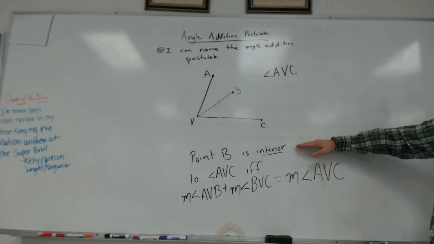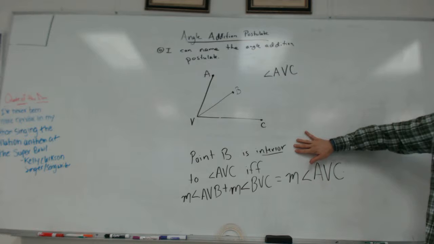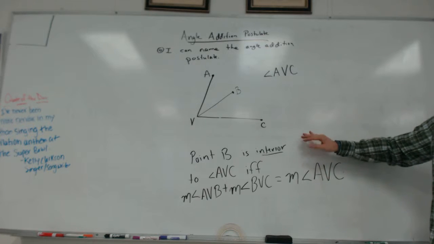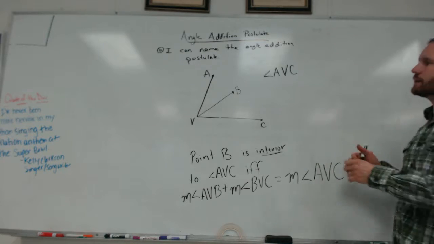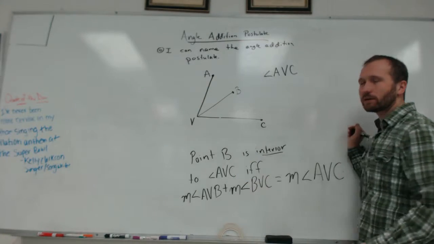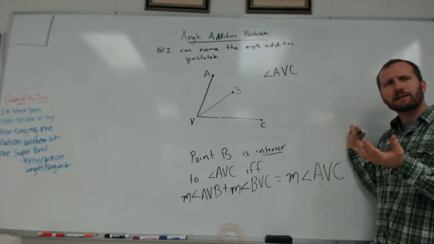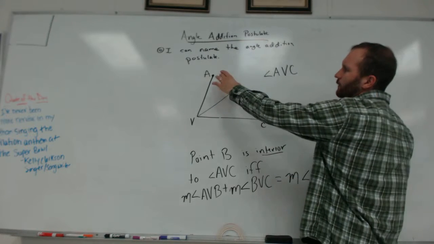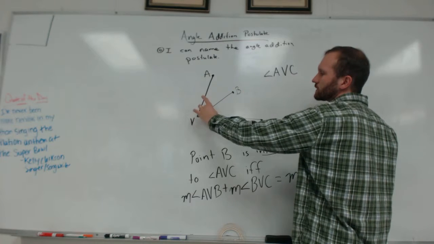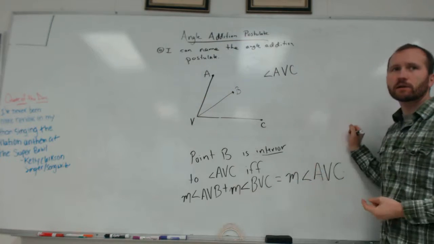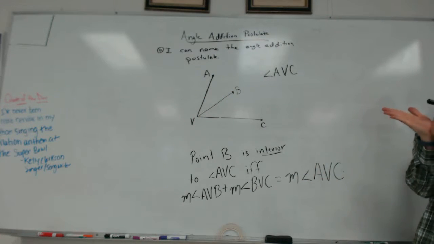But I just love the way they formulate these things because what this is really showing us is what it means for a point to be interior to an angle. What does it mean for point B to be inside this angle? What it means is that it forms two new angles that add together to equal that total angle you started with.